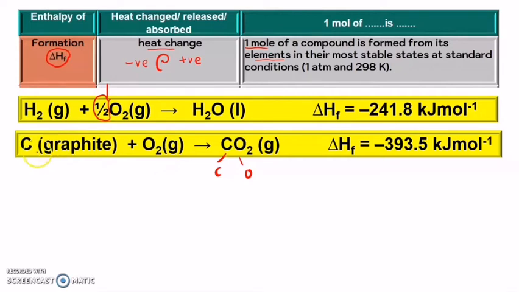So, we have to add C plus O2 gas to produce CO2. In this thermochemical equation, 1 mole CO2 is already balanced with 1 mole of carbon and 1 mole of oxygen. So, this is the thermochemical equation for the enthalpy of formation of carbon dioxide.